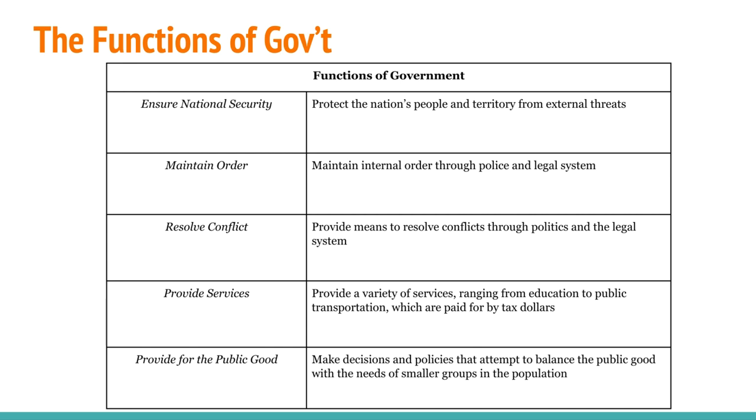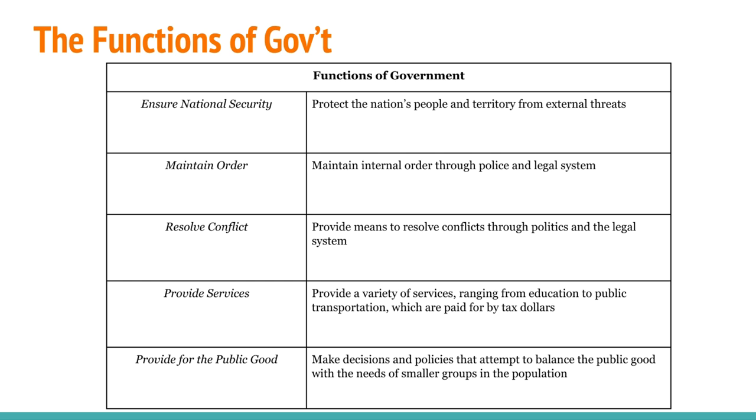The first function, as I said, is to ensure national security. The way this happens is the government protects the nation's people and territory from external threats. A good example of this is the US military. Let's take the example of the Navy.